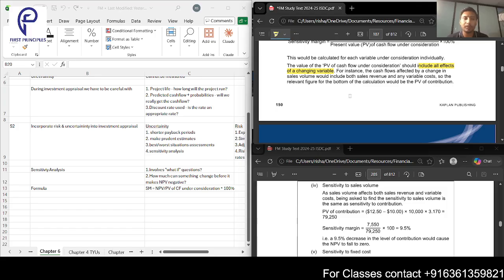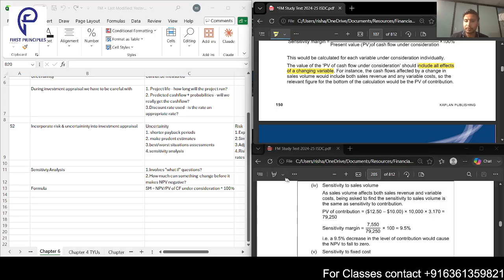The present value of a cash flow under consideration should include all effects of a changing variable. So what do you mean by that?